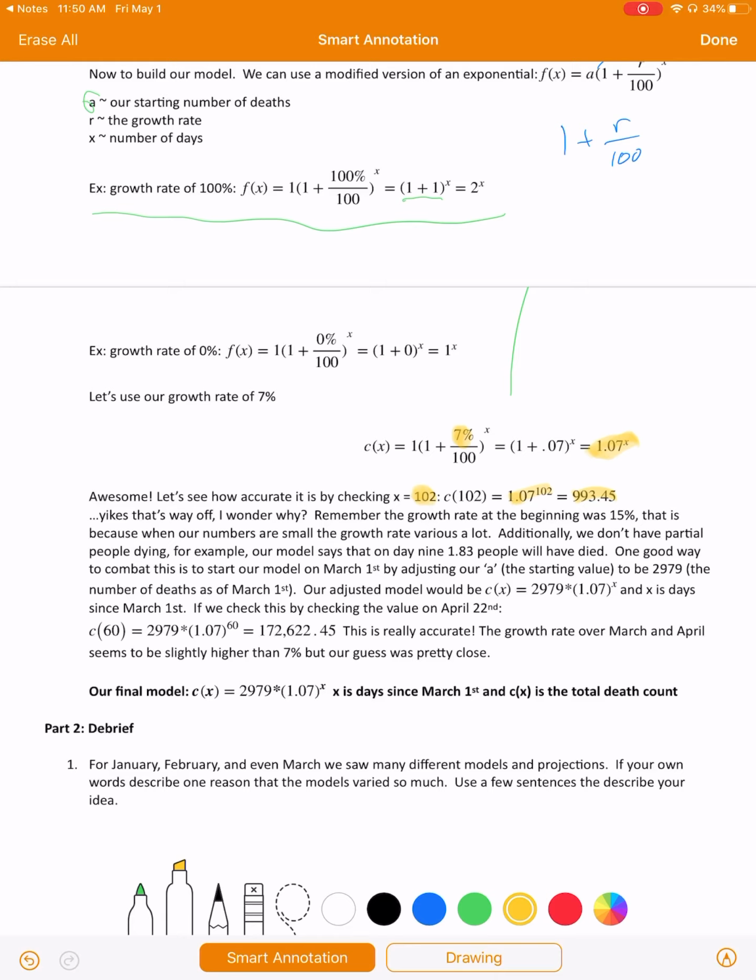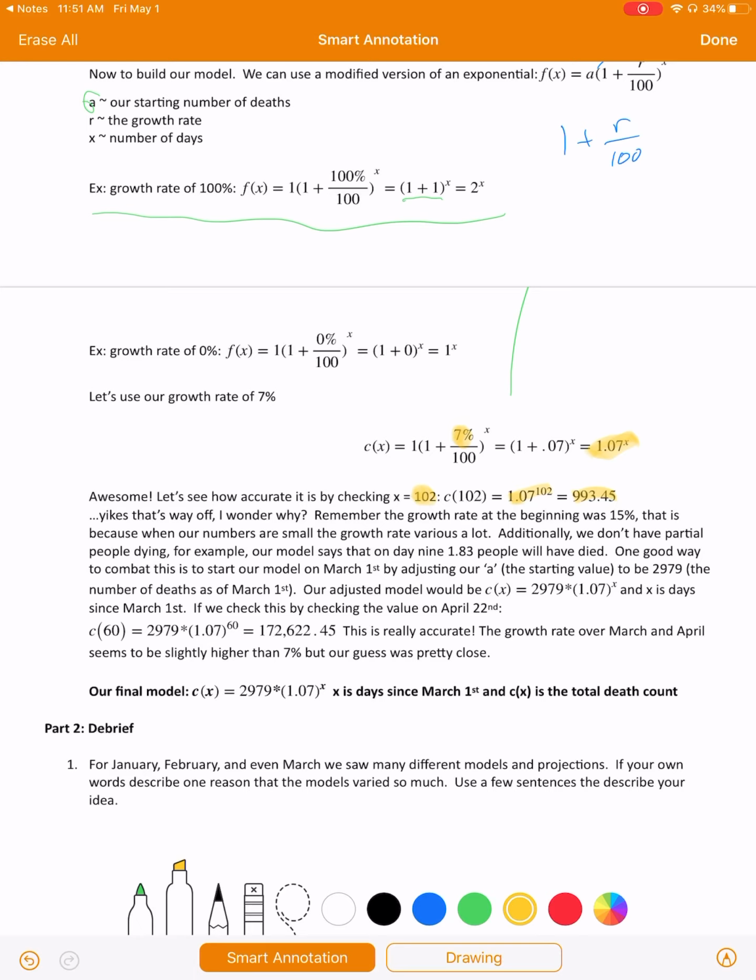And hopefully you can see a little bit better how models would change over time as we get more data and as those growth rates change and as different variables have different effects on death rates and people being infected and that sort of thing, right? If a bunch of really young people are getting infected with healthy immune systems, then that death rate could be really low.